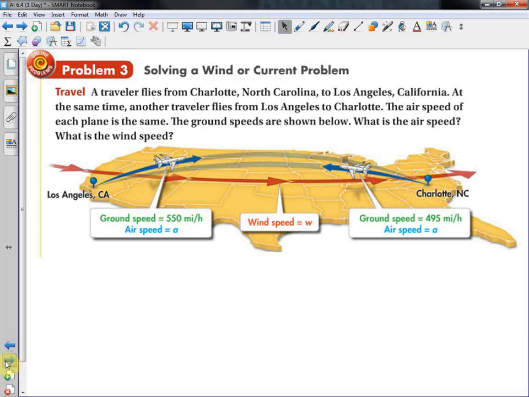All right, last problem for the day is talking about traveling in an airplane, which a lot of times has wind as a factor. Here we're flying from Los Angeles to Charlotte, and somebody's flying back from Charlotte to Los Angeles.